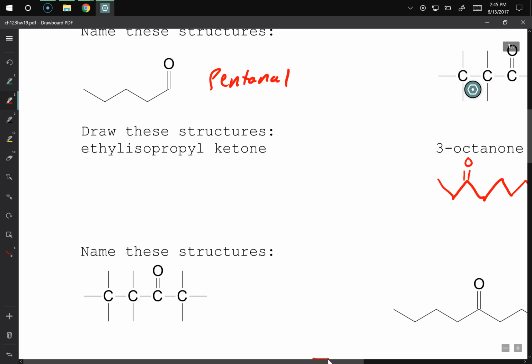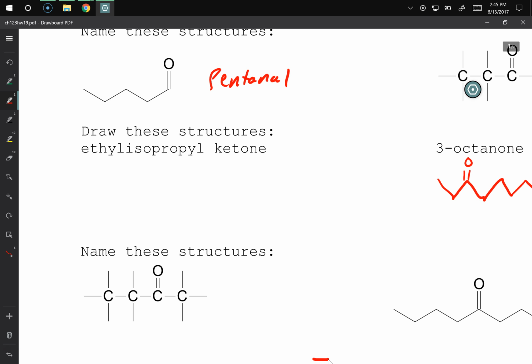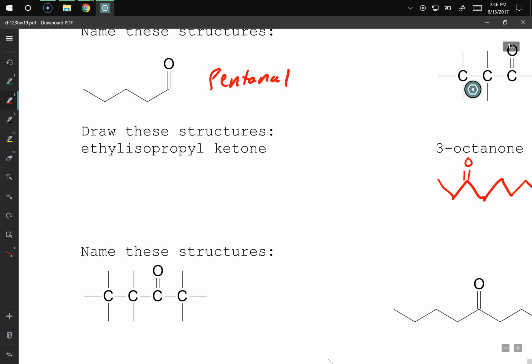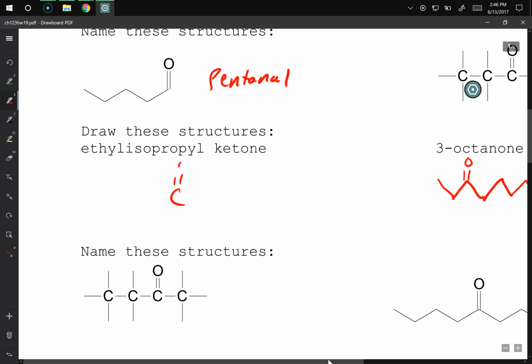So this one is a ketone, and on one side of the ketone I've got 2 carbons, and on the other side of the ketone I've got 3 carbons in an iso form. So I'm going to draw it like this to make it a little easier to see. On one side I've got 2 carbons, and on the other side I've got 3 carbons, but I have them hooked up to the middle carbon, not the end carbon, which is why I said iso.